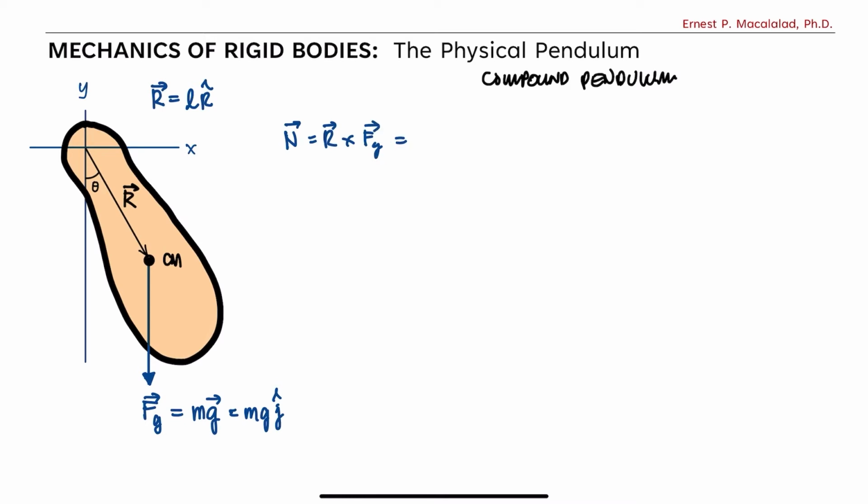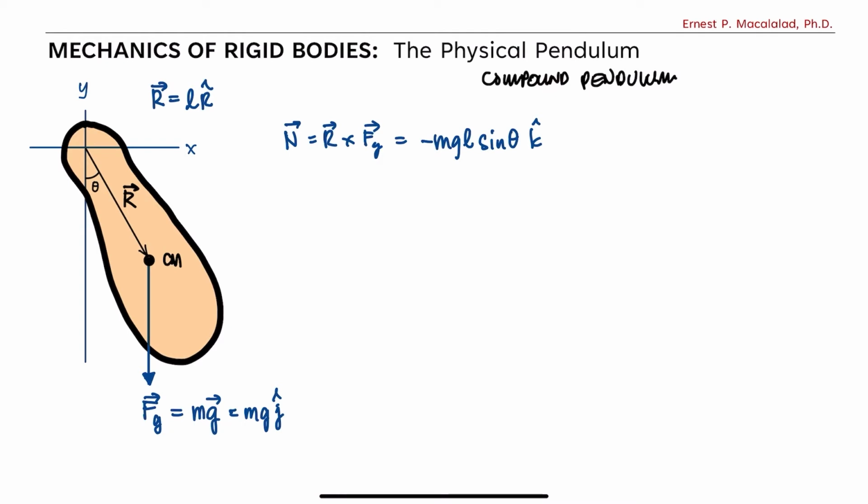Applying the definition of cross product, this becomes negative mgL sine theta k hat, where m is the mass of your object, g is the gravitational acceleration, L is the distance between the axis of rotation and the center of mass, theta is the angular position of the r vector, and k hat is the direction of your axis of rotation.